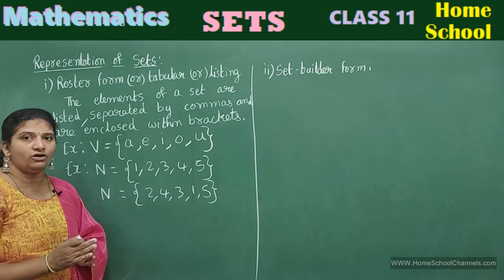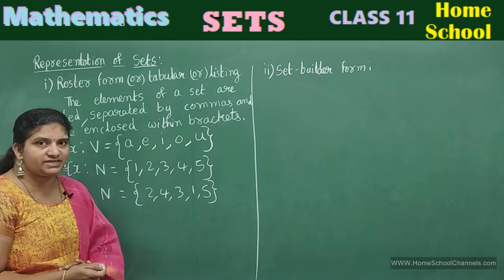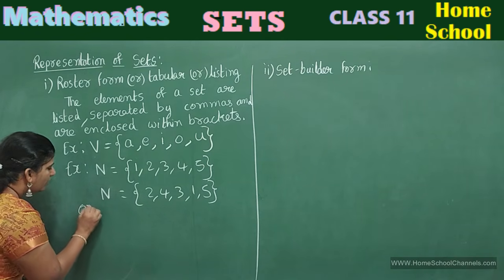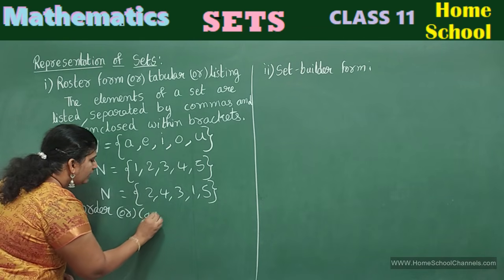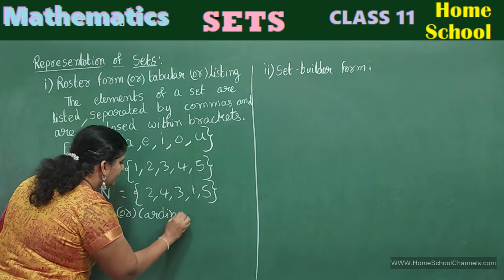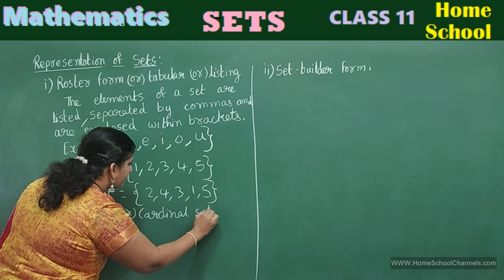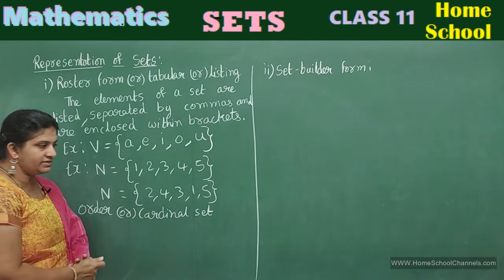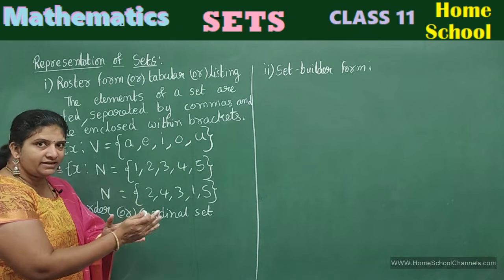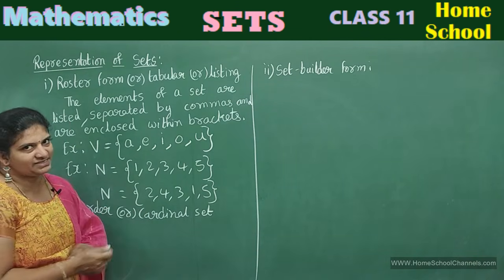Order of a set or cardinal of a set. What is the order or cardinal of a set? See here, order or cardinal of a set means count the elements present inside the set.